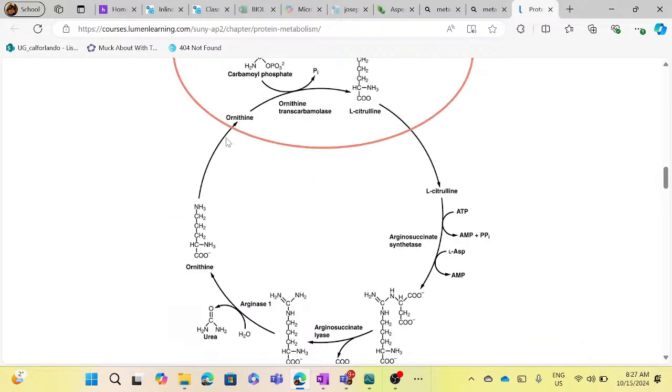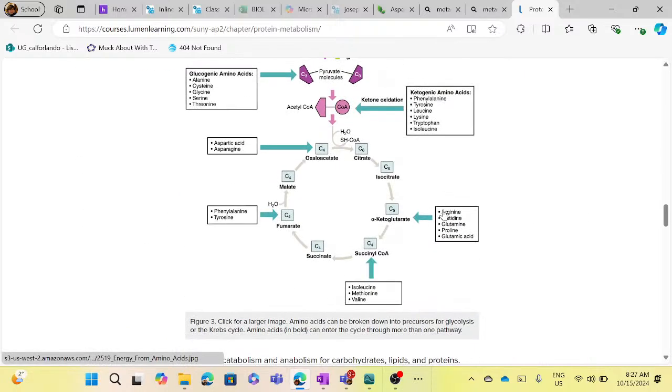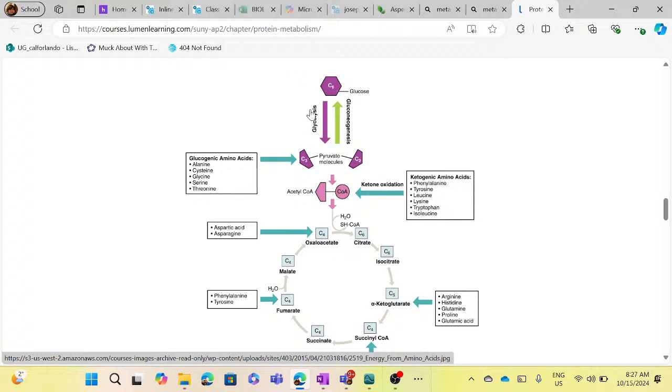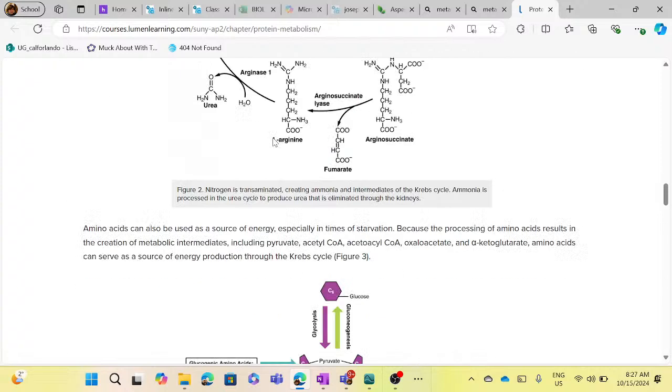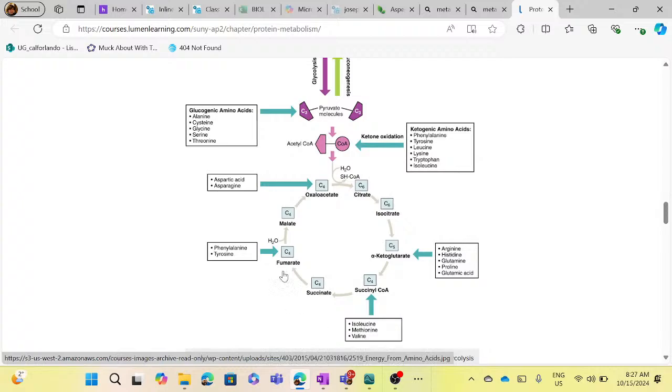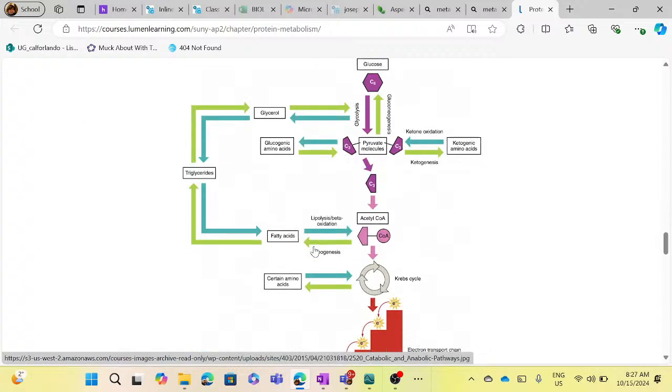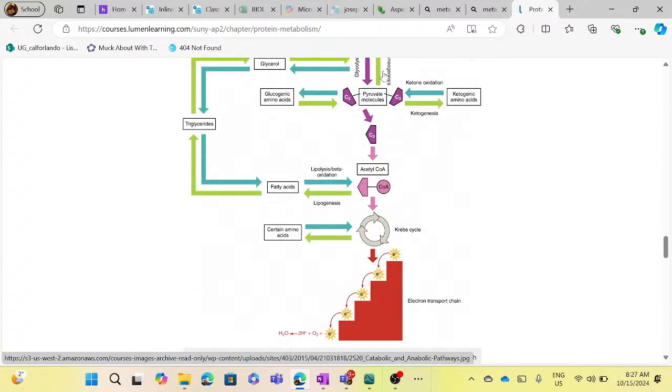So you can see it has its own cycle that is different from glycolysis and different from the citric acid cycle, right? This is where sugars get processed and different food sources enter at different places.